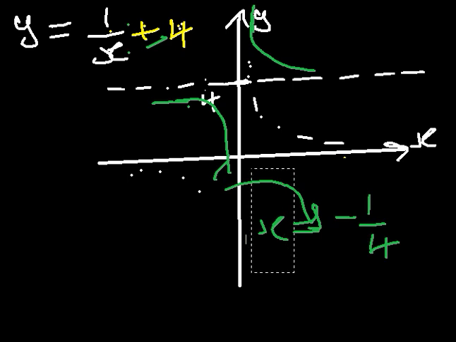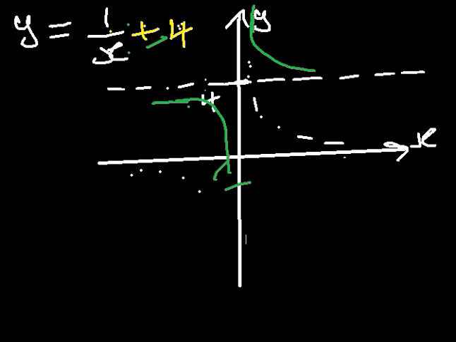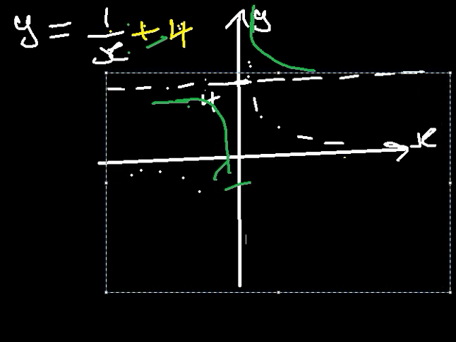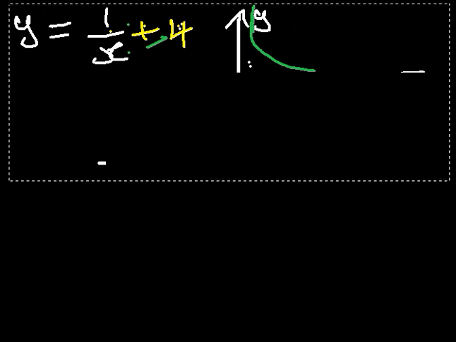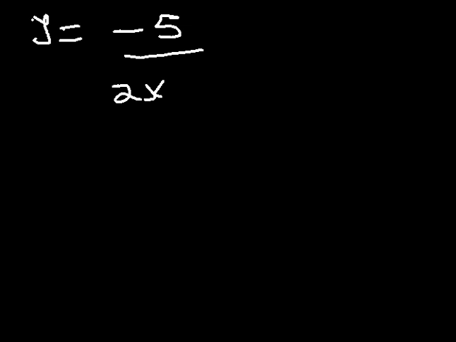Now how about if we have this nature of the function? Let's say we have a function given as y is equal to negative 5 over 2x minus 4, plus 2.